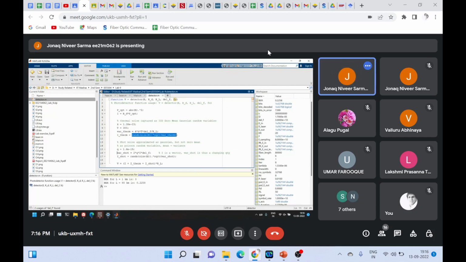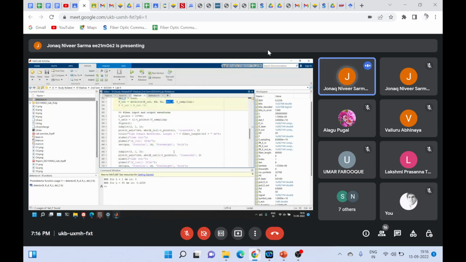Similar thing we do with shot noise. Find a random number that captures this random part. And ultimately what you will get is the sum of all three contributions. And to convert current to voltage, in our circuit, it will be 3 times i.